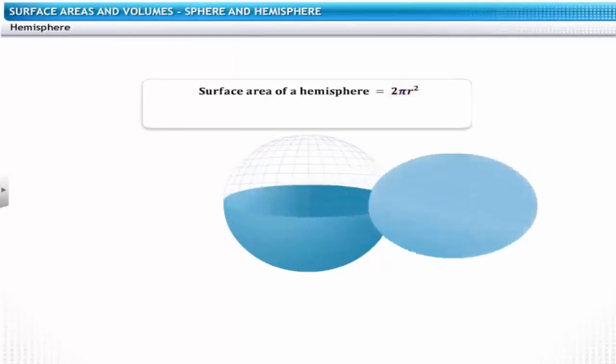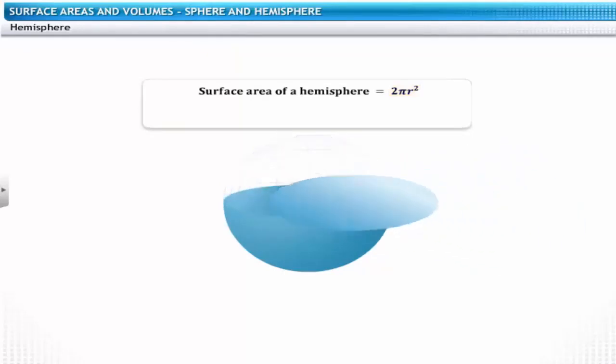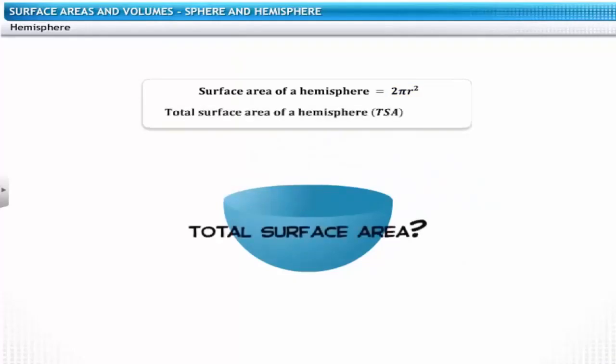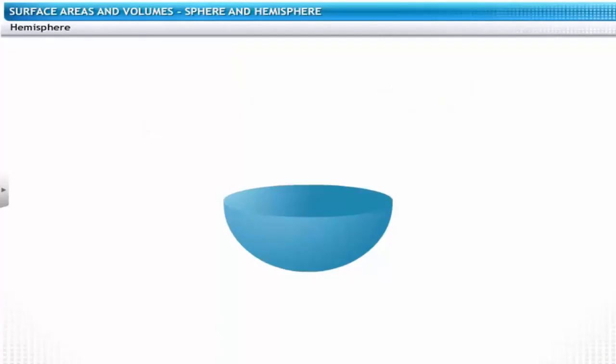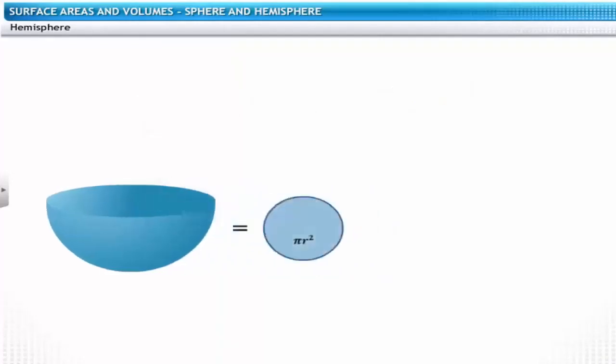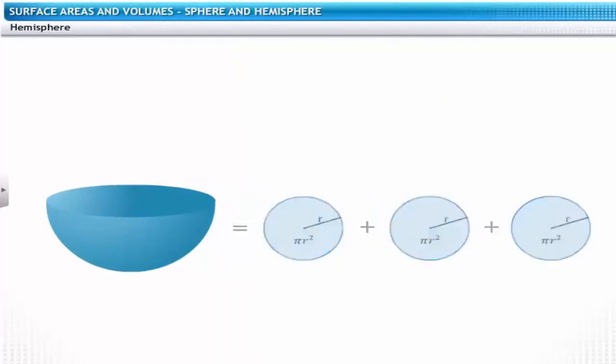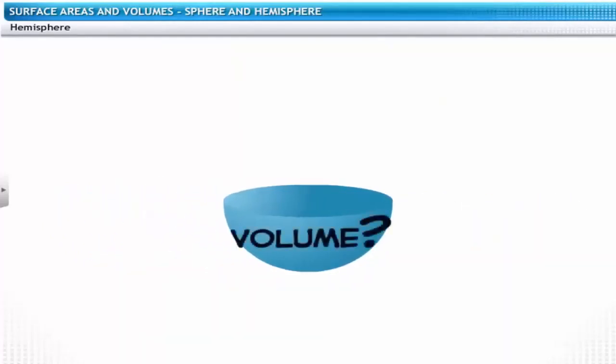The flat surface resembles a circle, for which the area is equal to pi r squared. Therefore, the total surface area of a hemisphere is the sum of the areas of the curved surface and the flat surface, that is 3 pi r squared. You can observe that the surface area is equal to the sum of the areas of 3 circles of radius r.